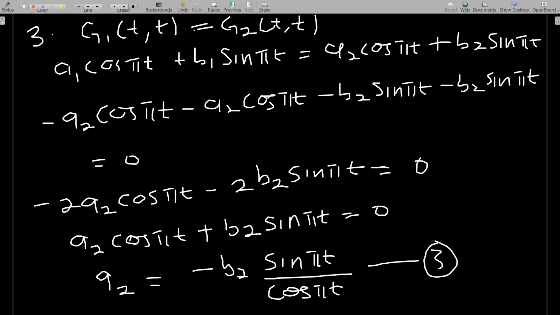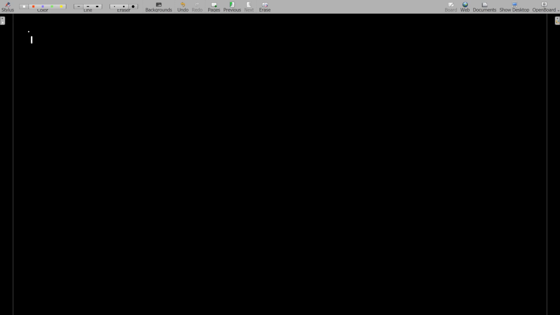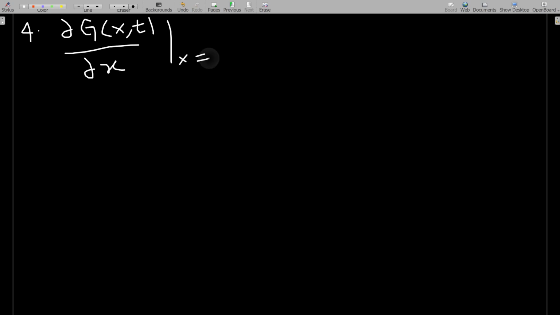Now I go to the last point, the fourth point, which states that with the second order del g, with the fourth point, I have del g of x, t, del x at the point x equals t should be equal to minus 1 over p of t.